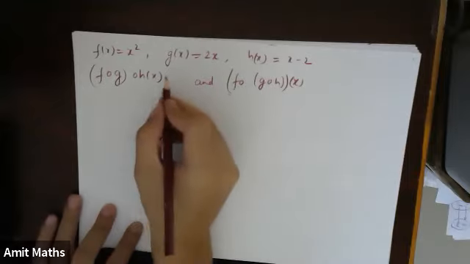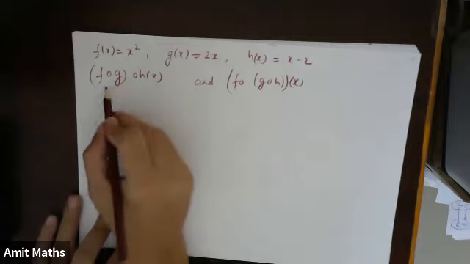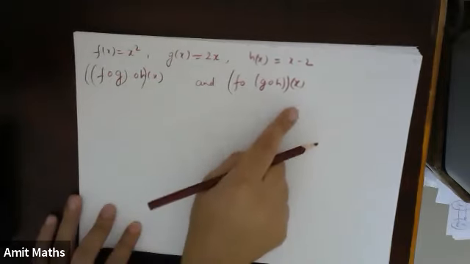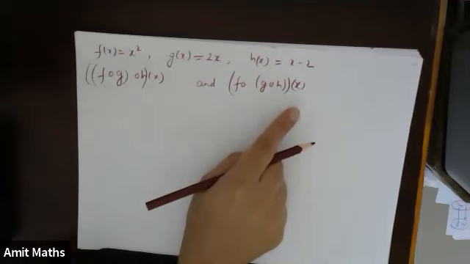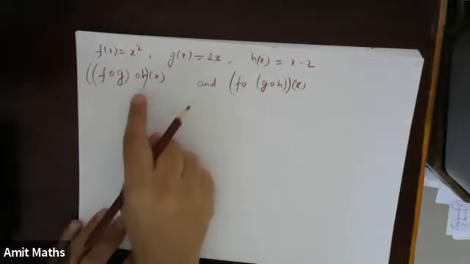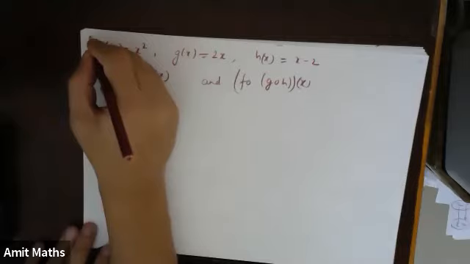You have to find f o g of h of x first, and then find this thing in order, and check whether both are equal or not.